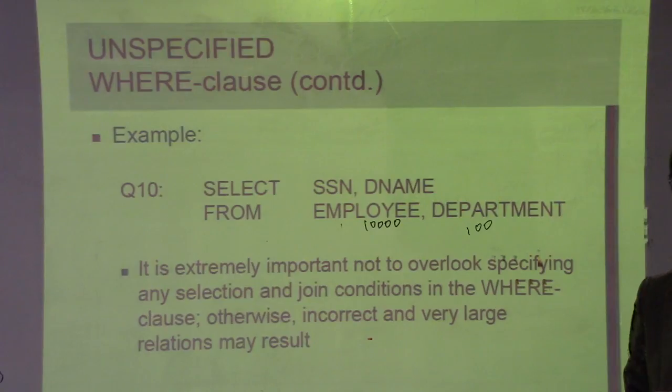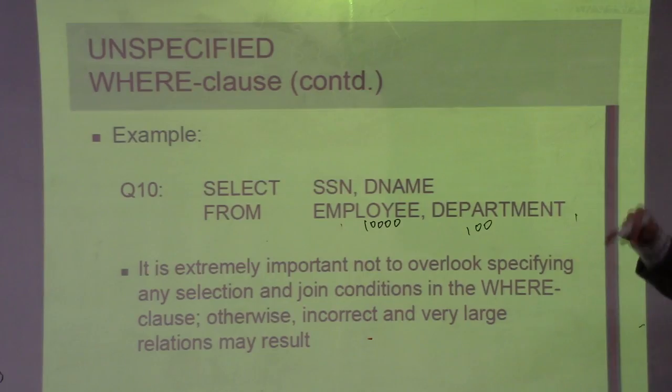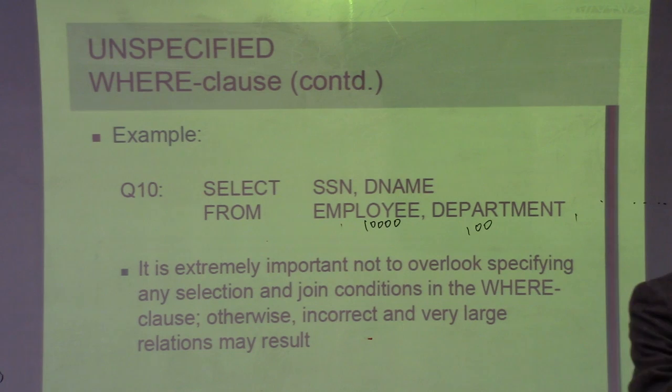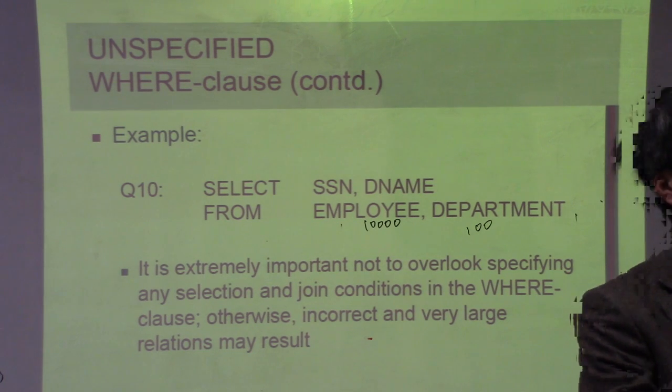Yes, a million rows will be returned. So you should be careful when you are using Cartesian product. It's more serious when you have another table. It takes a long time if you miss any of the join conditions. So that is the reason.